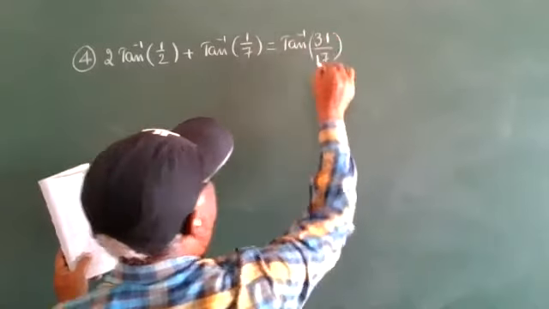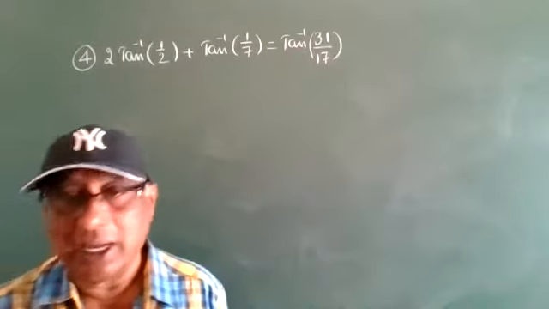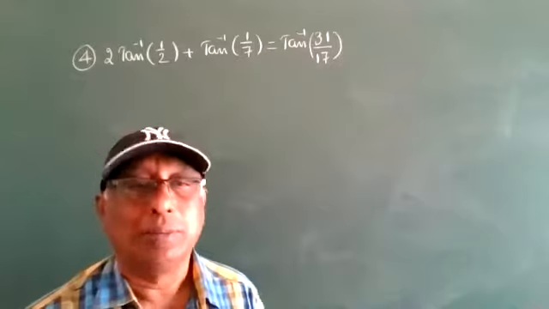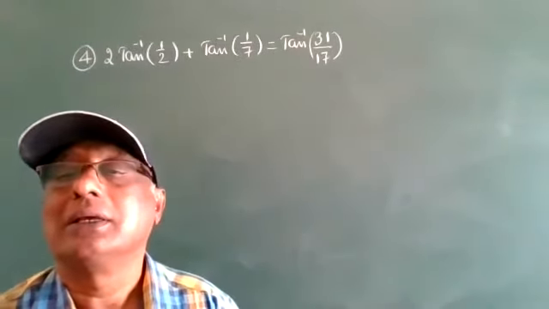Everyone observe, is the problem correct now? So, 2 tan inverse of 1 by 2 plus tan inverse of 1 by 7.